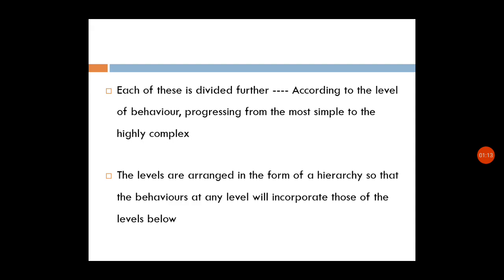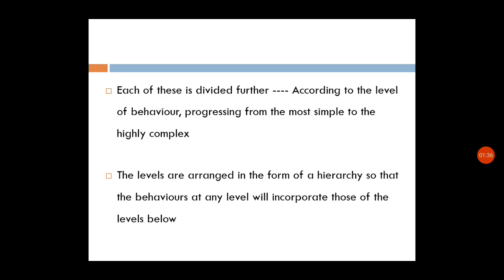Each of these domains is further divided according to the level of behavior, and these levels are based on the behavior of the student. They progress from the most simple to the highly complex.